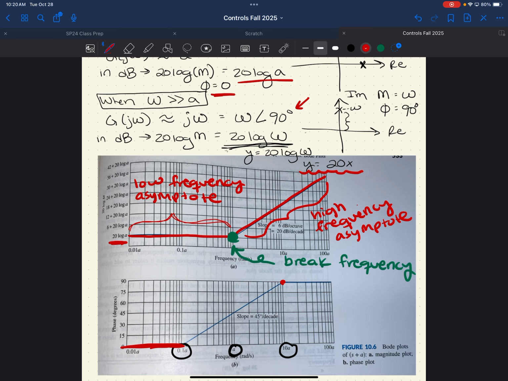So up here, I have the high frequency response. And between these two, we approximate the phase as the line that connects the two. So here we have the high frequency and the low frequency.